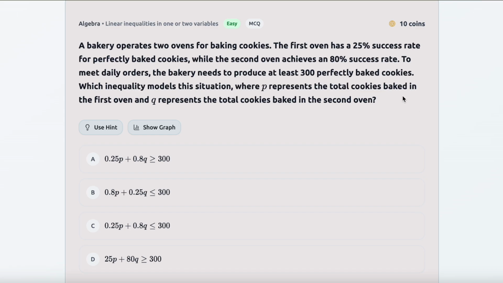Okay, so we can see that the first oven has a 25% success rate, and the total cookies baked in the first oven is P, right? So if we think about it like this, let's say that P is equal to 100. And we know that the success rate of this first oven is 25%, right?